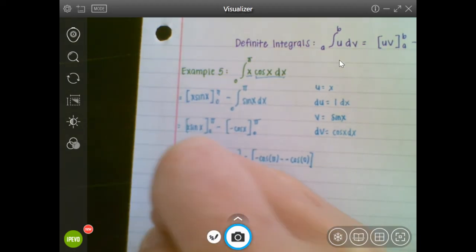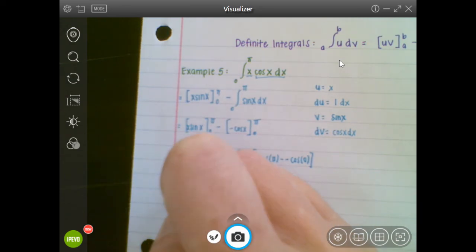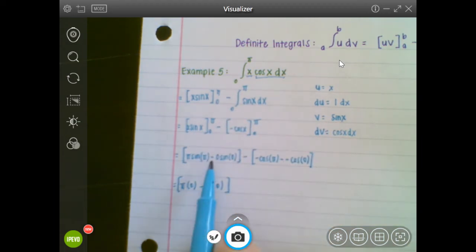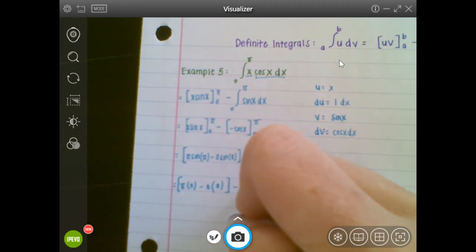And now it's time to actually evaluate. So pi times sine of pi is actually just 0, minus 0 times sine of 0, which is still just 0. So this whole thing in the first set of brackets ends up being 0, but I'll simplify that in the next step. Minus, here we have cosine of pi.